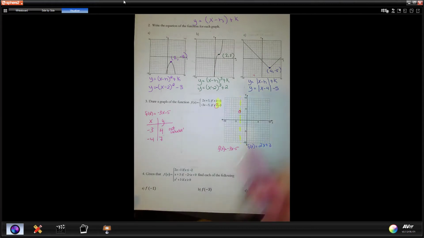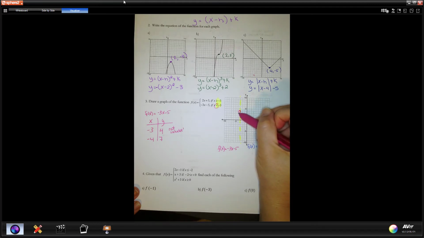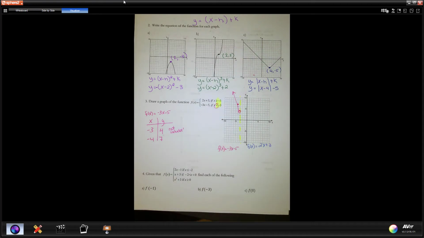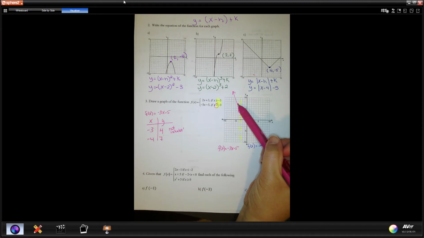And then negative 4, and then 7. And then we would then use our straight edge, which I don't happen to have, and then connect those. Remember, this is just kind of that extra point. This is the one we need to decide, is it filled in or not.